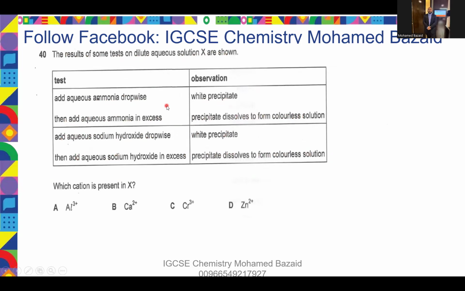So this question depends on the tests of cations, anions, and gases, and you have to memorize these tests. As you see, we have 2 questions in this exam about the tests of cations, anions, and gases table. So which cation forms a white precipitate with both and dissolves in excess? This is zinc ion. So the cation present in X is Zn2+.